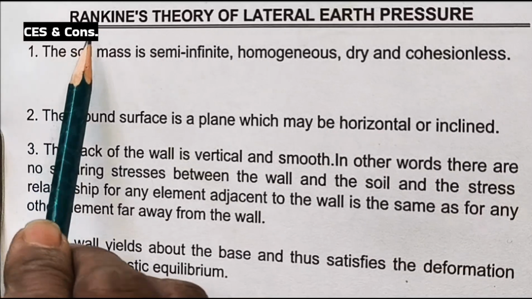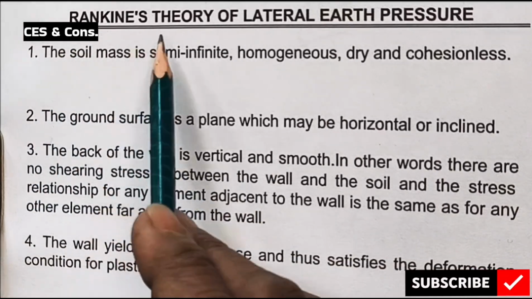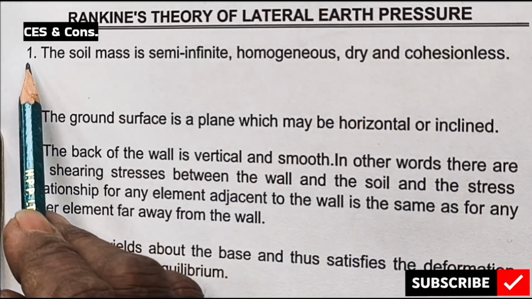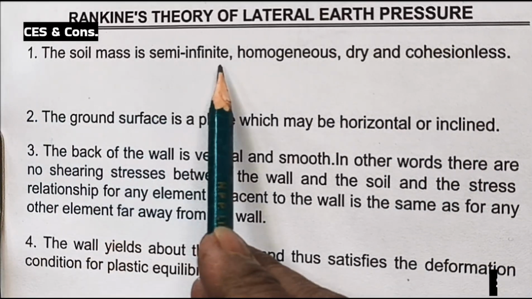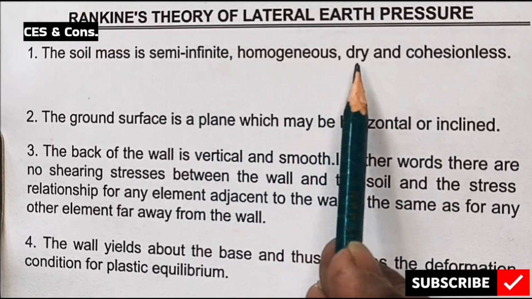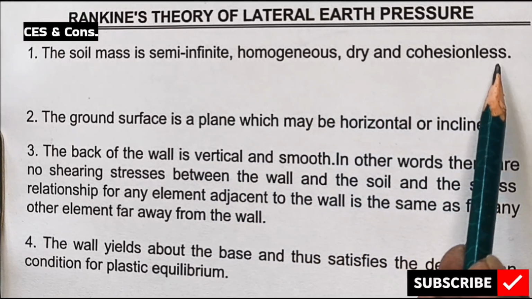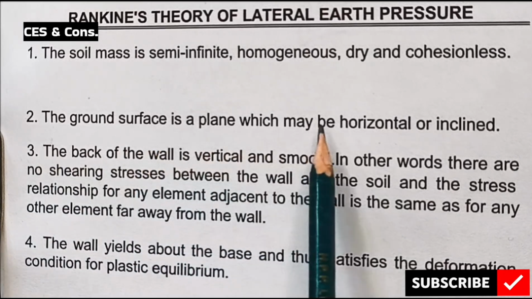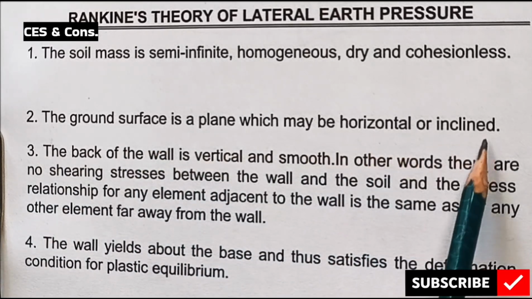First of all, I will state the assumptions of Rankine's earth pressure theory. There are 4 assumptions. One by one, I will explain later on pen and paper. So friends, these are the assumptions of Rankine's earth pressure theory. Number 1, the soil mass is semi-infinite, homogeneous, dry and cohesionless. Number 2, the ground surface is a plane which may be horizontal or inclined.